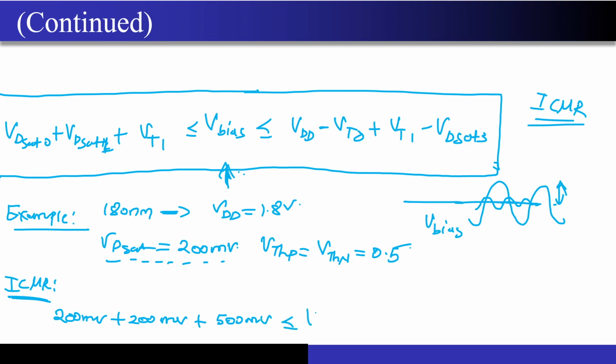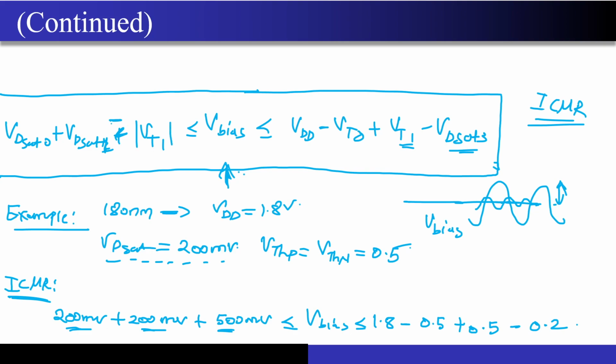This should be less than or equal to V bias, which should be less than or equal to VDD, 1.8, minus VT, 0.5, plus VT1, again 0.5, minus VDSAT, 0.2. Let me check if I have made any mistake here. Yes, there is a mistake.